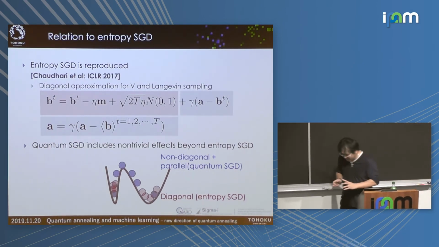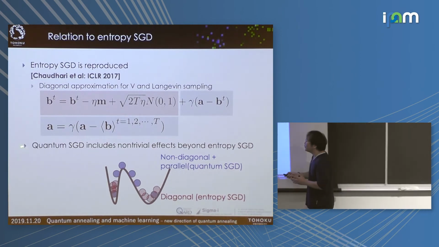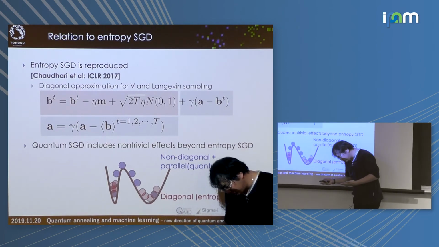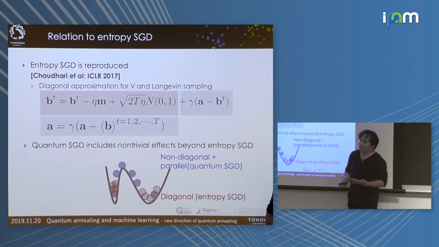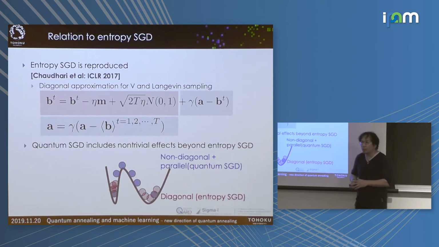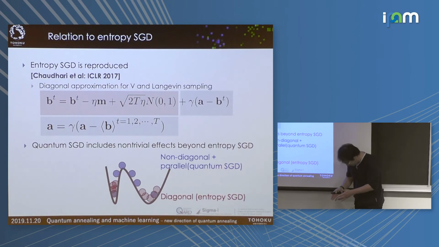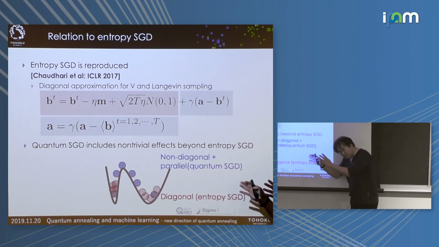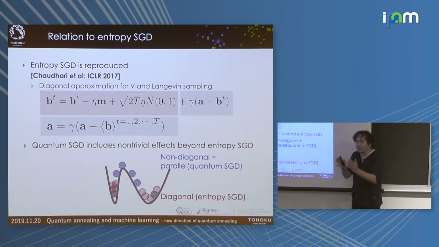But if we want to use the properties of quantum mechanics, we have to implement the optimization program on quantum many-body systems without any approximations.